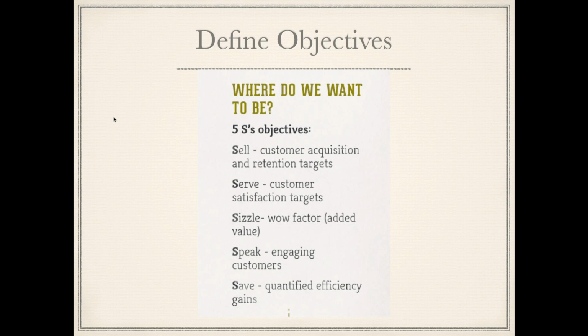You're either selling something, providing a service for a customer, creating a wow factor, an engagement, which is the sizzle, or speaking to customers from a nurturing perspective, or you may be saving costs or figuring out something that's more efficient. Okay, and so you can use this to help you in describing what your objectives would be for the situation that you've identified.